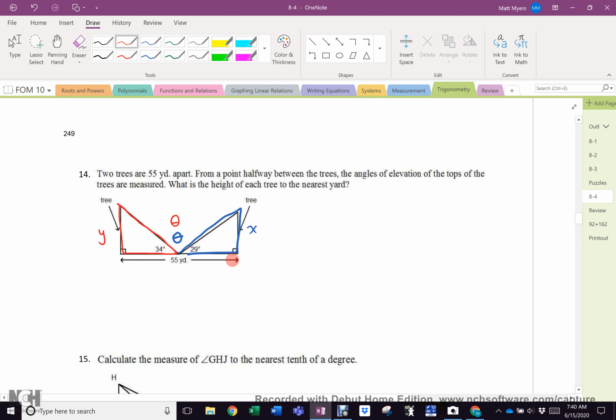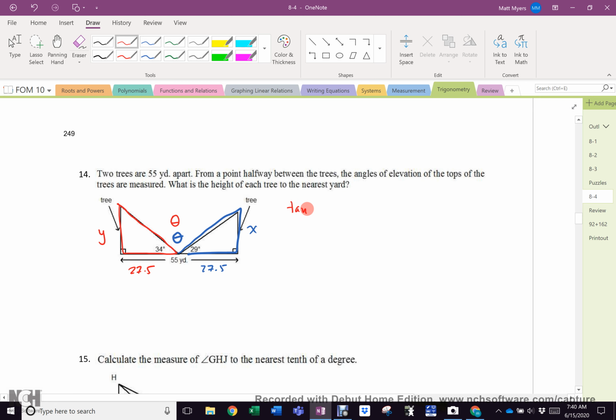Now, a lot of you are going to mess this up because this point is halfway between the two. So this is 27.5 and this is 27.5. I have a theta and an adjacent, and I need an opposite.